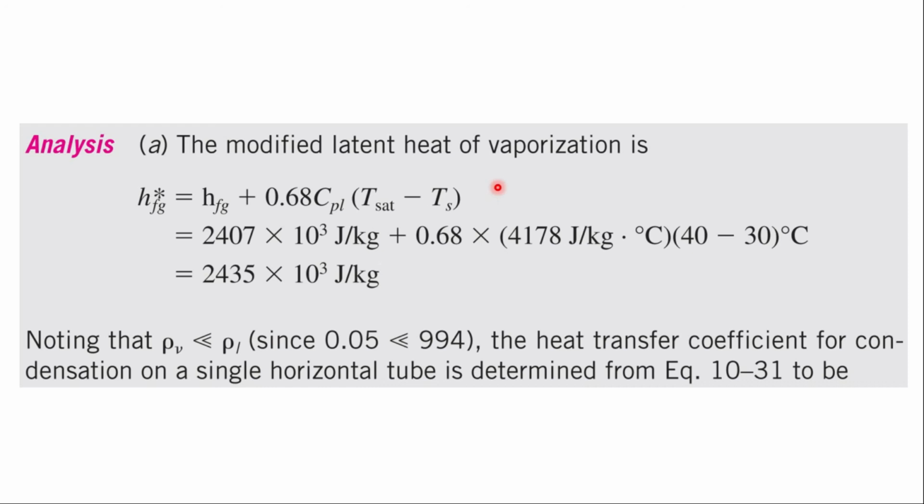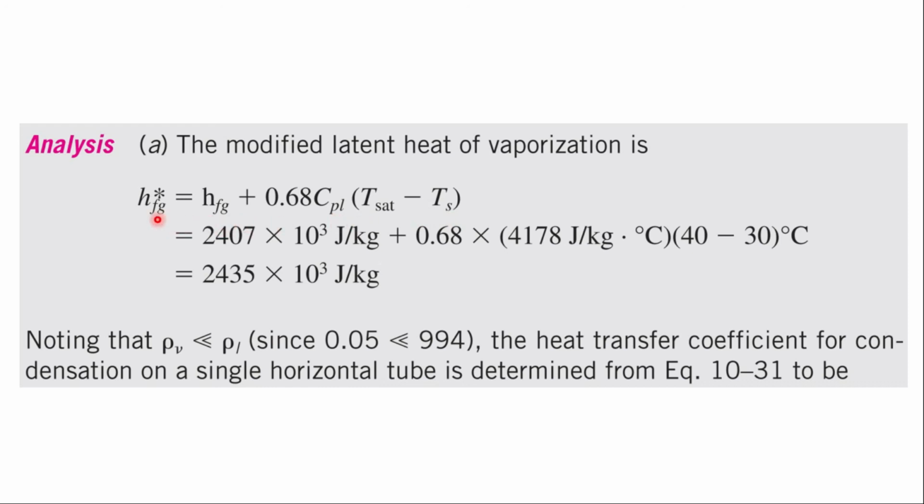I have already explained the reason why we determine the modified latent heat of vaporization. If the temperature at which the condensation is taking place is in between the saturation temperature and the surface temperature, we have to use this modified latent heat of vaporization.